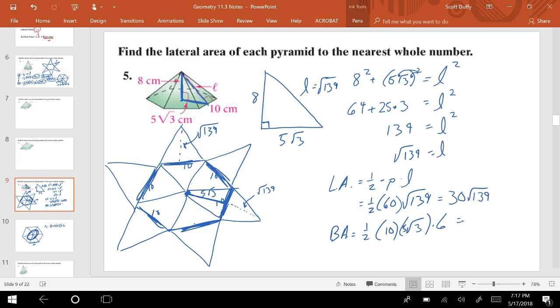Multiply that all out. I'm going to multiply everything but the square root of 3. 1/2 times 10 times 5 times 6 equals 150 times the square root of 3. And those would both be square centimeters. Now that I have my lateral area and my base area, add them up.